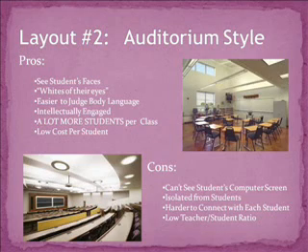Two things to point out here are that if there is space, like in the upper right hand corner of the screen, the teacher can move around and actually keep some connection between the student and the teacher.